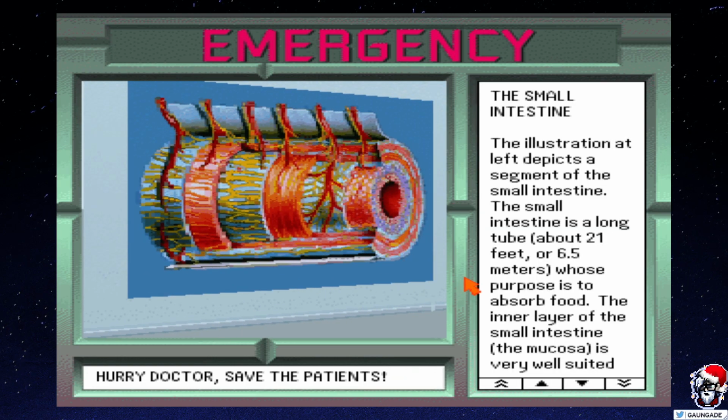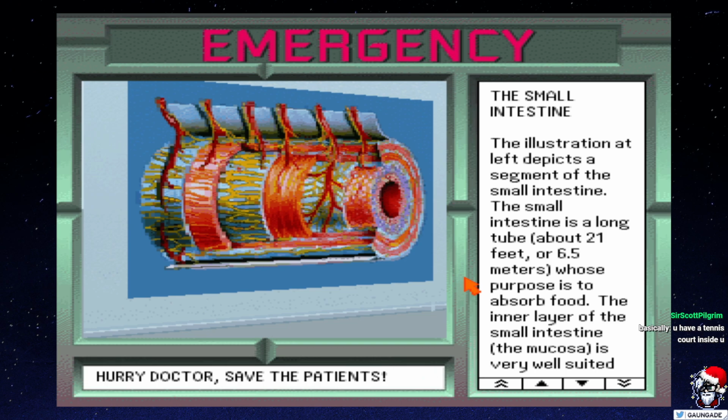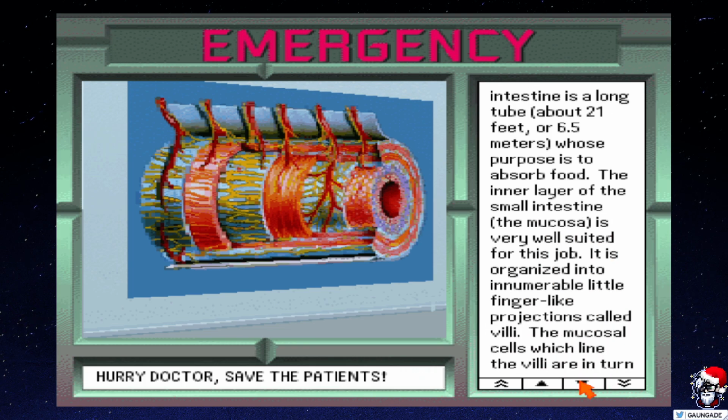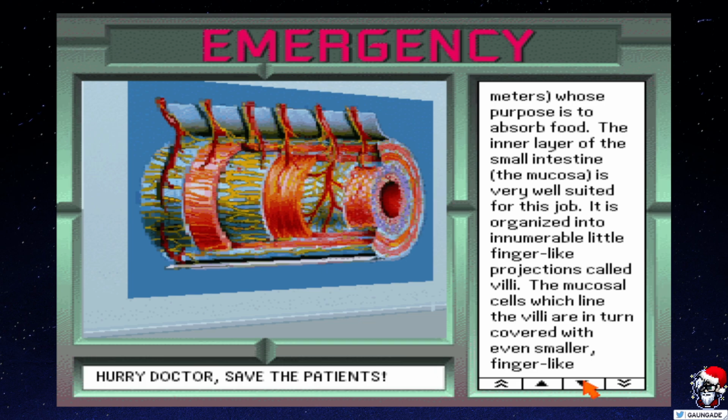Small intestine. The illustration at left depicts a segment of the small intestine. The small intestine is a long tube, about 21 feet or 6.5 meters, whose purpose is to absorb food. Yum. The inner layer of the small intestine, the mucosa, is very well suited for this job. It is organized into innumerable little finger-like projections called villi.